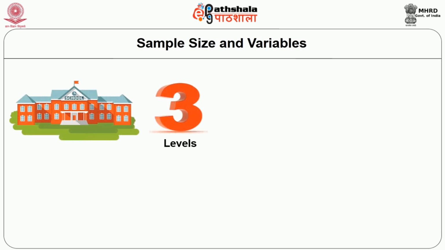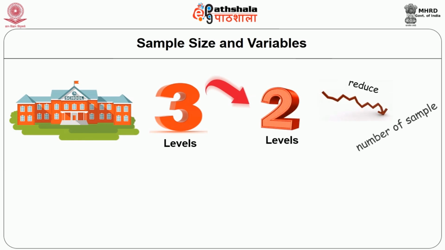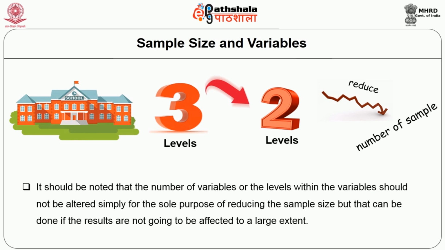The type of schools too has 3 levels, and bringing this down to 2 levels may reduce the number of sample. It should be noted that the number of variables or the levels within the variables should not be altered simply for the sole purpose of reducing the sample size, but that can be done if the results are not going to be affected to a large extent.